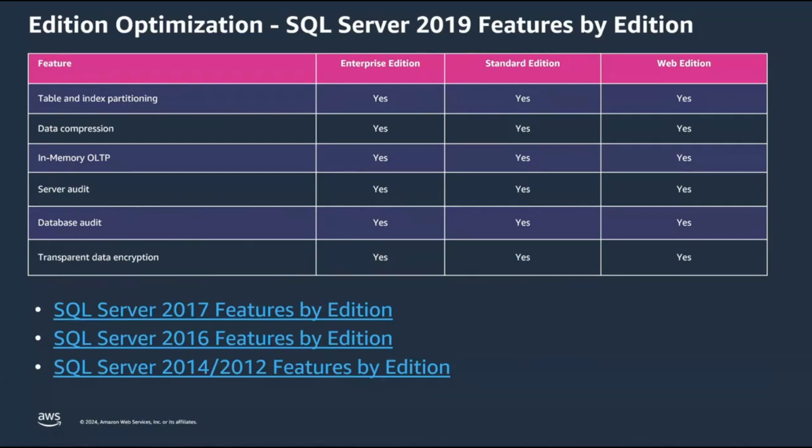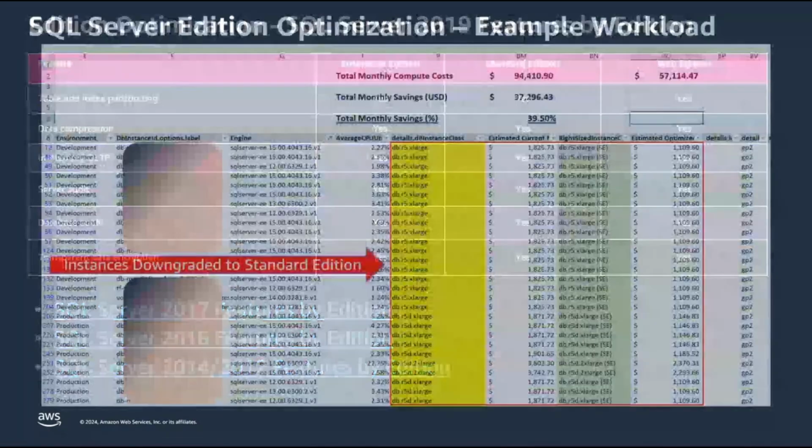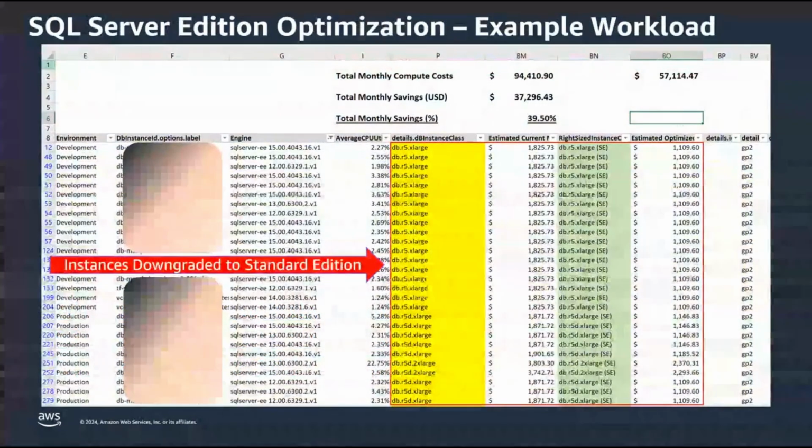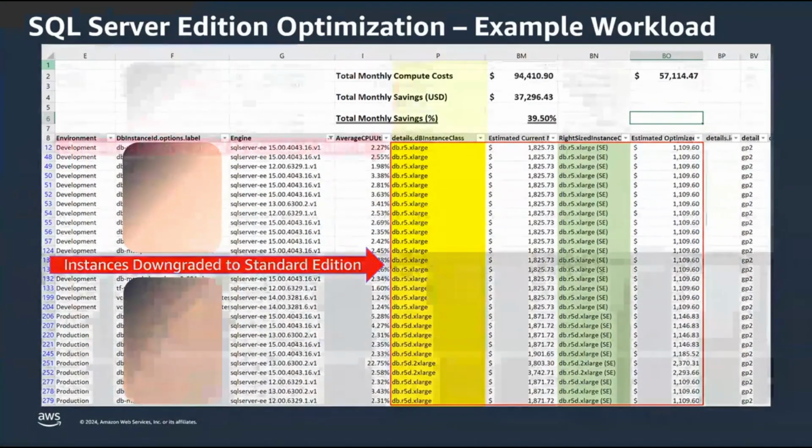That's the practice. These people were using Enterprise for all their production servers, but as you can see in the graphic, these R5 instances using Enterprise are being downsized to Standard in that column.